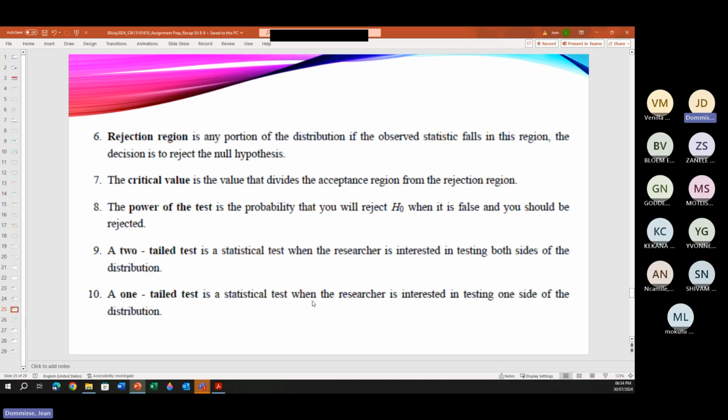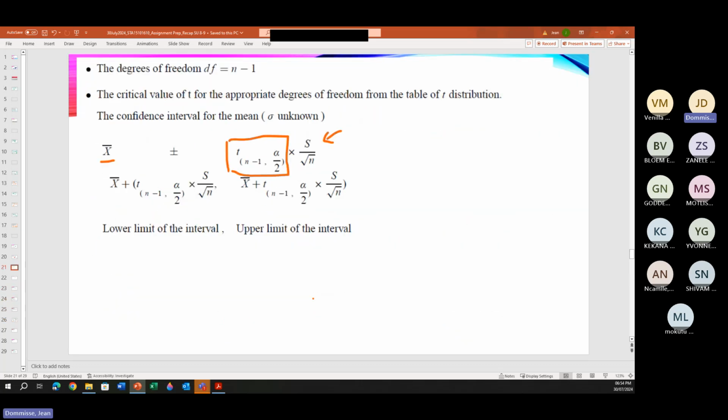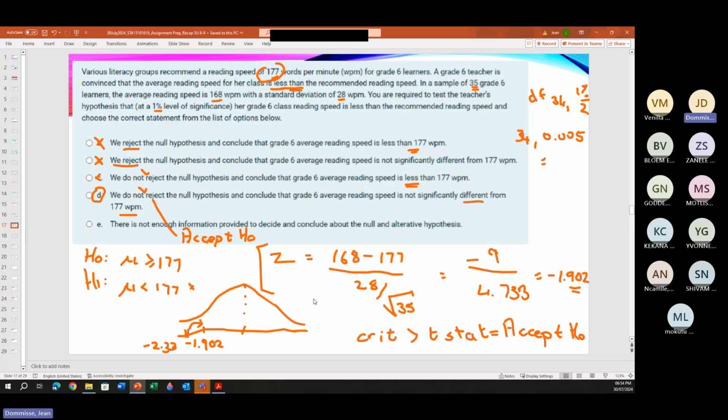The reason why we needed to use the T is, let's read through this. A teacher is interested in the average reading speed of a class. In that sample, the average reading speed and the standard deviation are given. So the population standard deviation is unknown in this one.